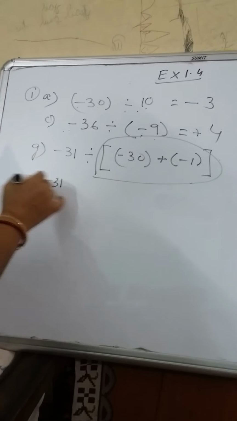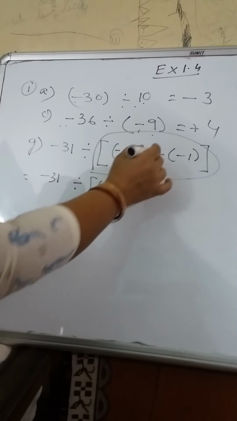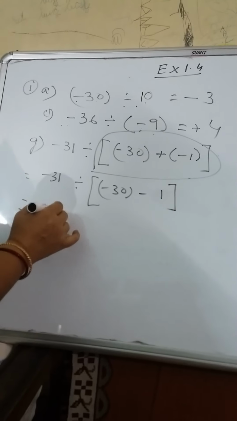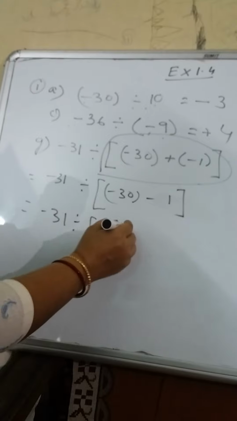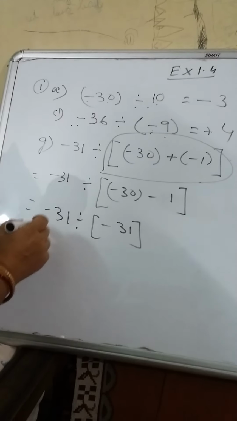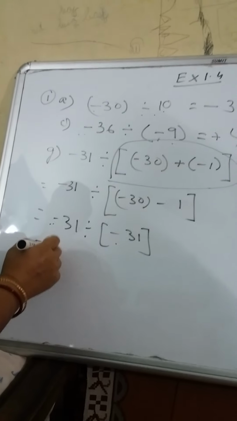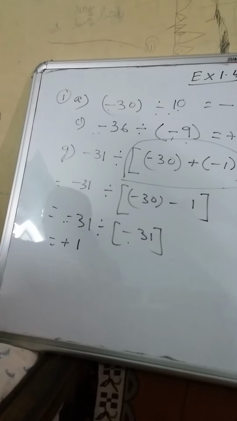So minus 30 plus minus 1 is minus 31. So minus 31 divided by minus 31: both signs are the same, so the answer will have a positive sign, and 31 divided by 31 is 1.